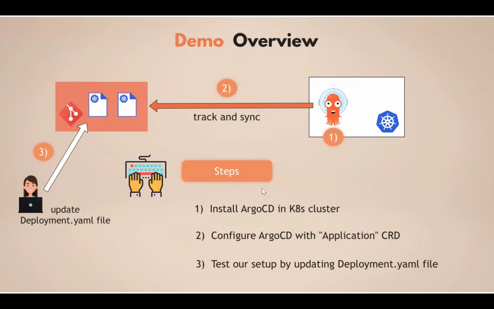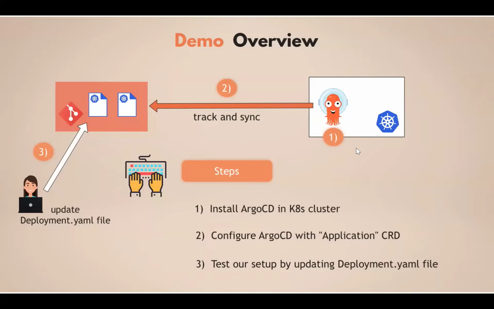So basically, the first step is to install Argo CD in your Kubernetes cluster. Second step, configure it. Third step, test our setup with the deployment.yaml file. And then we will sync our repository with our Kubernetes cluster. We'll sync both. And whatever update happens in this Git, it should reflect in our Argo CD or the Kubernetes cluster.